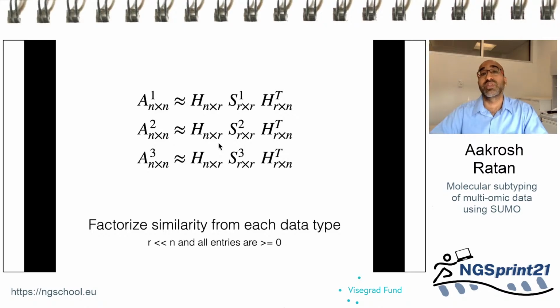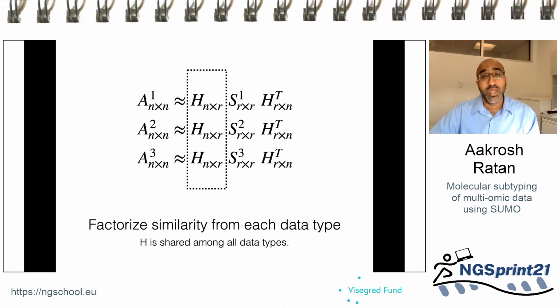And r here represents the rank of the matrix, or in other words, the number of clusters that you are going after. Now, in all of these cases, of course, n is significantly larger than r. The point to remember here is that H is shared between all the different data types, right? And you can start thinking about H as being a lower dimension representation of all the samples.